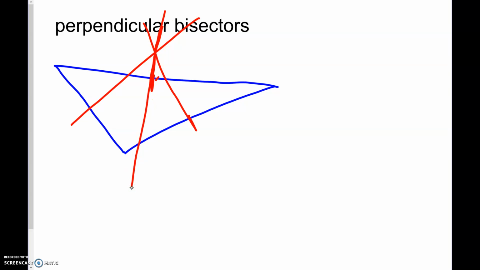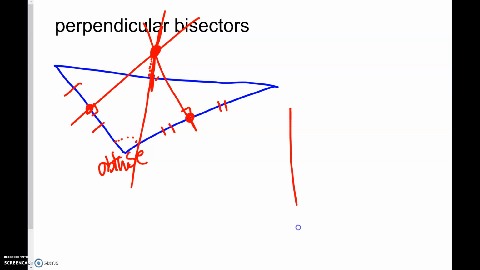This is the midpoint, so these are congruent, this is the midpoint, so these are congruent, and they're all coming down as perpendicular bisectors. If this angle is obtuse, do you see that this circumcenter, that point of concurrency, is outside the triangle? And as this angle right here gets closer and closer to being right, this point comes closer and closer inside.